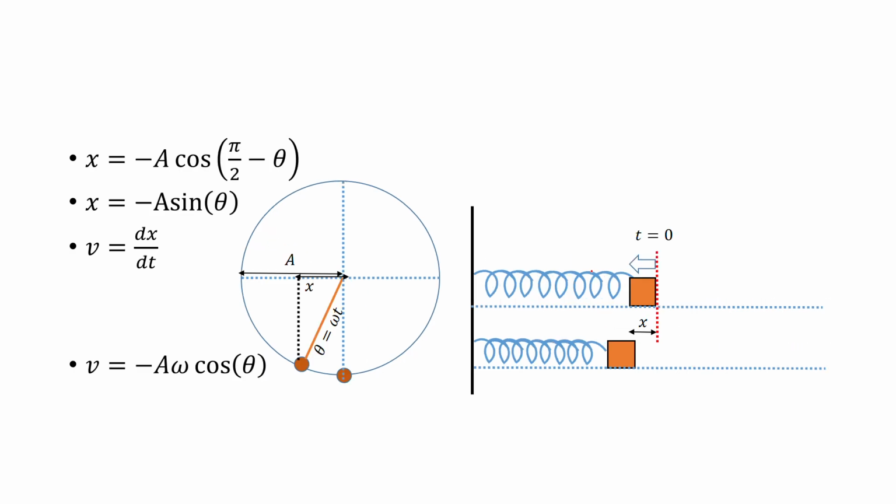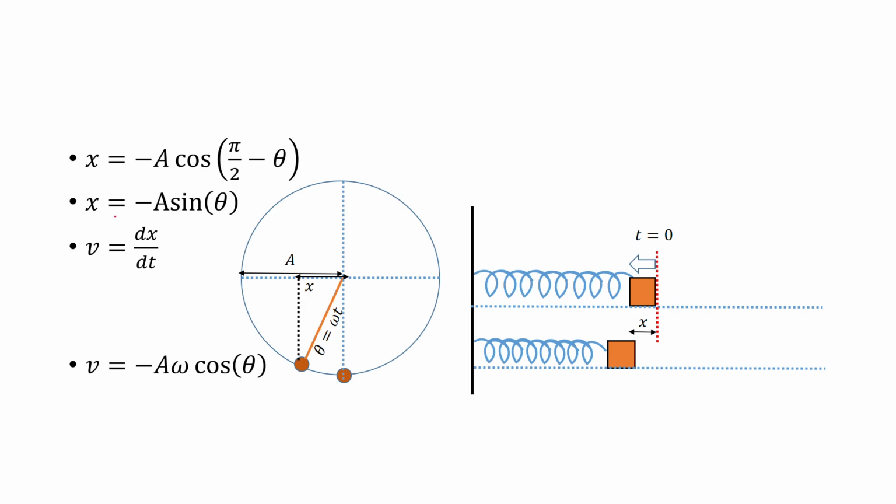In the fourth case, the particle is at the equilibrium position and is moving towards the left. If it moves a distance x in time interval t, theta will be omega into t and x will be a cos of pi by 2 minus theta, with a minus sign meaning its coordinate is negative.